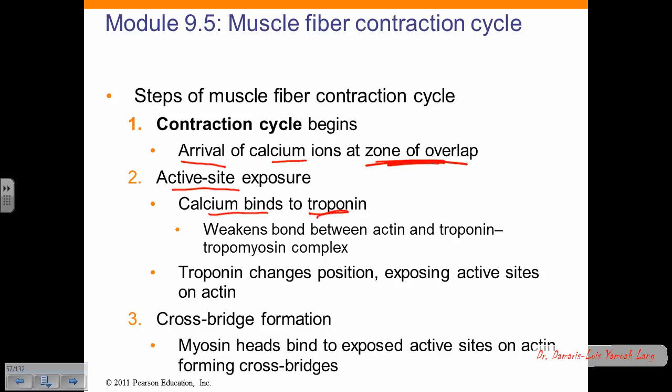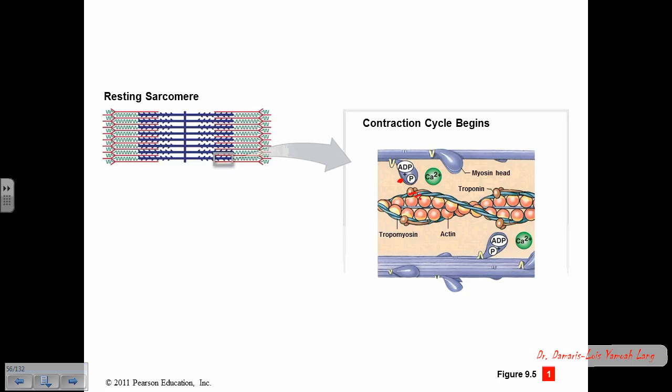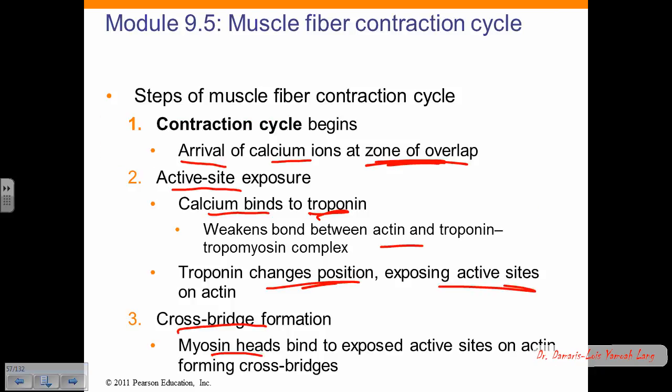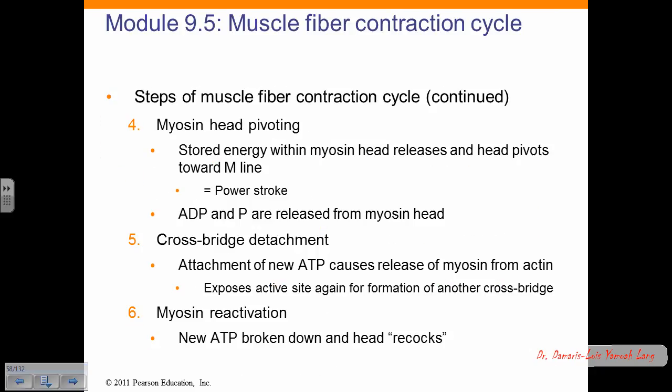So do you see I'm just repeating myself? Okay? And so this complex will give a conformational change that will expose the active site. The cross bridge is formed, and the myosin head, which has been energized, will attach. The stored energy within the myosin head causes the power stroke, causes it to move.